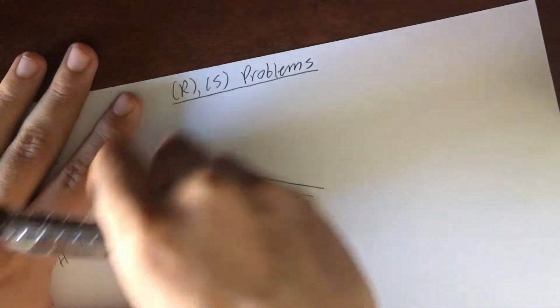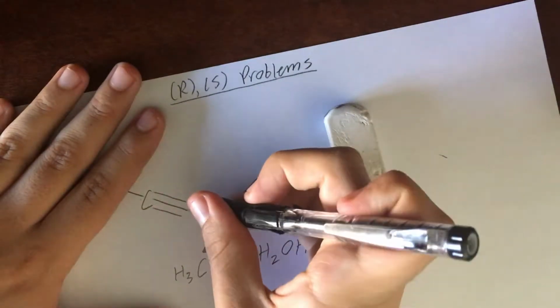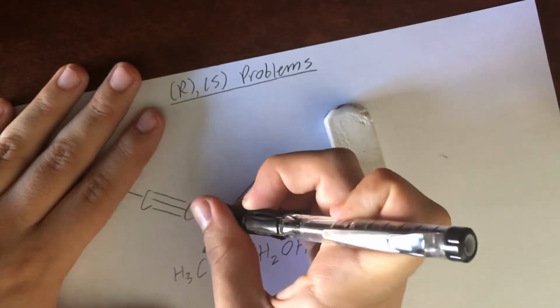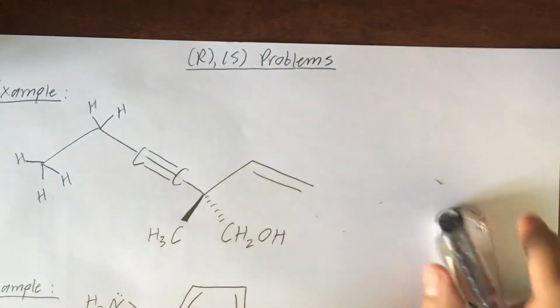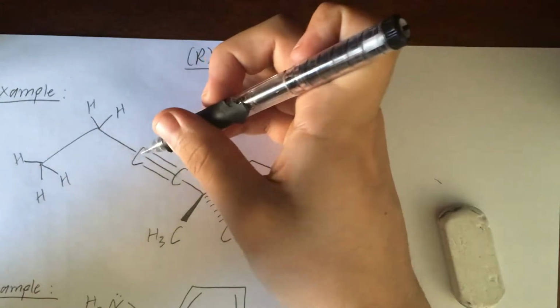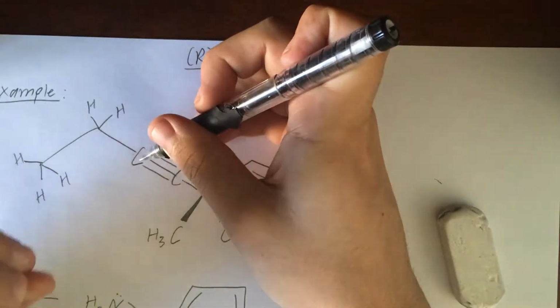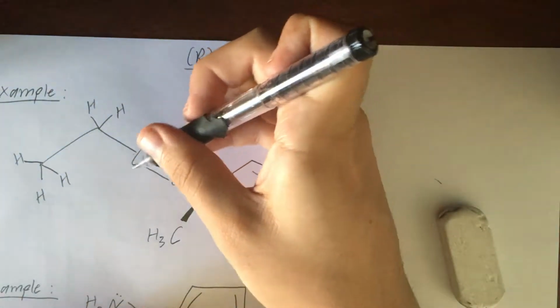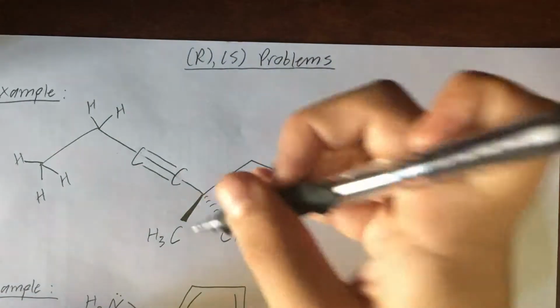Now let's look at this carbon atom over here. So here we've got a C-C triple bond. Now, let's look at this carbon atom over here. When you have a triple bond, you can only be bonded to a maximum of 2 substituents. So this carbon atom has this substituent and this substituent.